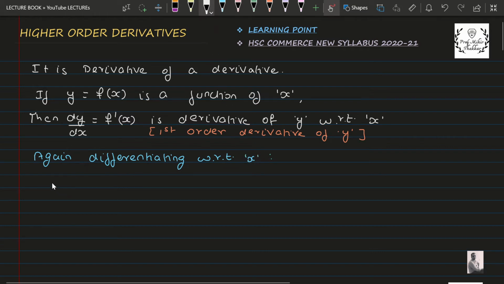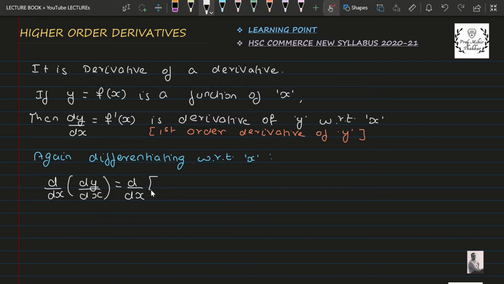So I will get the derivative of dy by dx, which is equal to the derivative of f dash x.